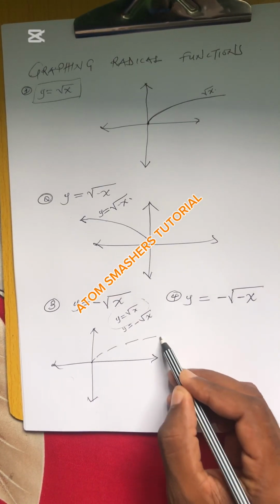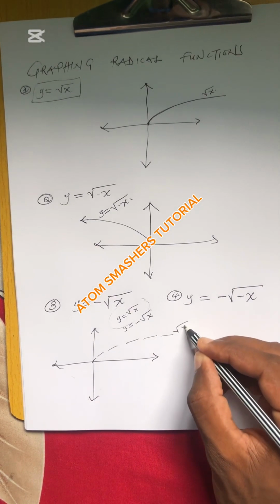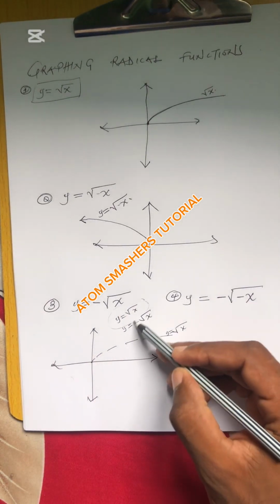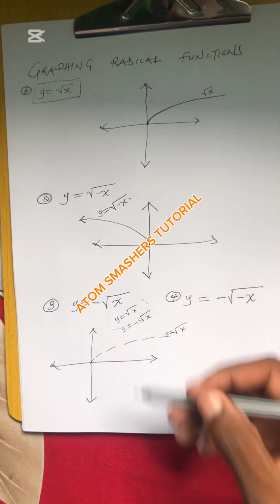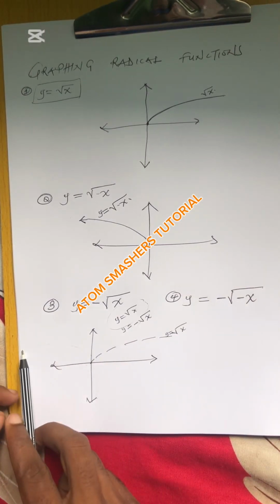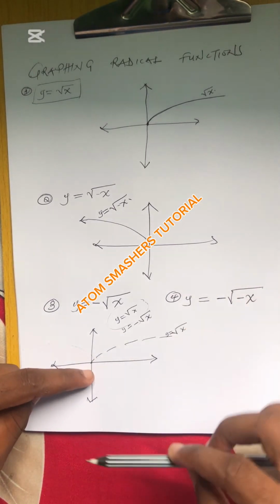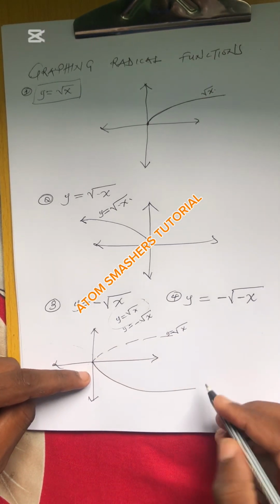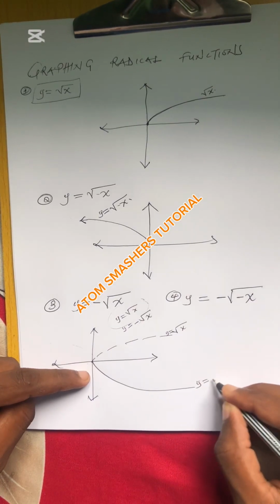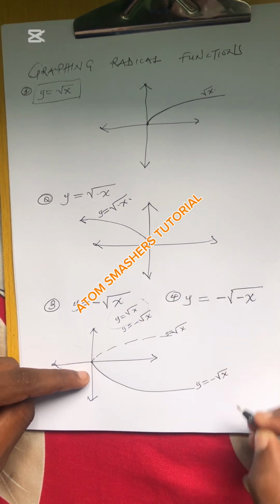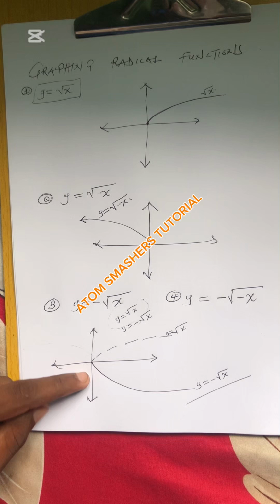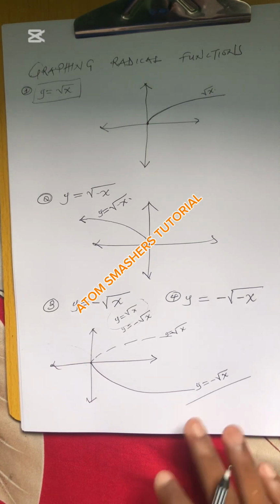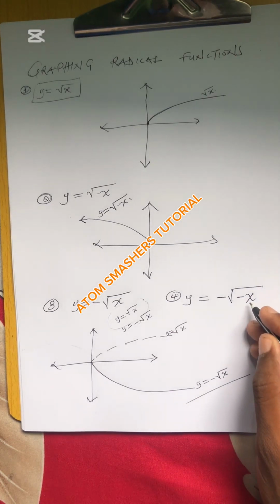Then the effect of the negative: if the negative is outside, instead of turning this side, the graph will turn down, like this. This is y is equal to minus the root of x.